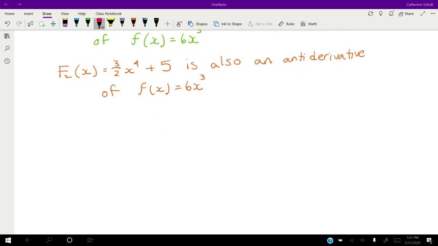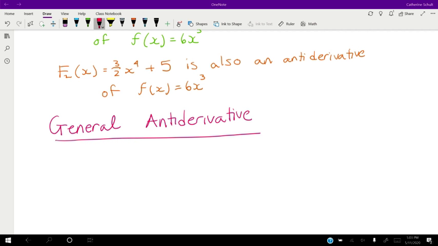So we have something called a general antiderivative that captures every single antiderivative. So the general antiderivative, we state it like this. We say f of x is the antiderivative, and then we say plus c, where c is an arbitrary constant.